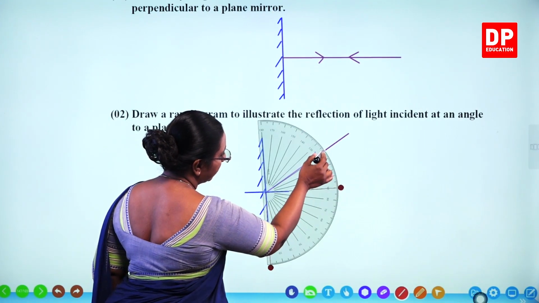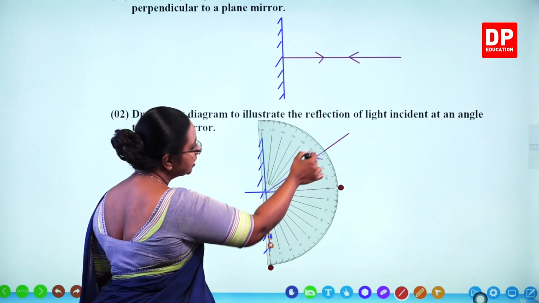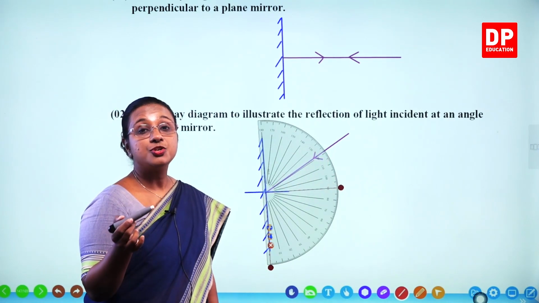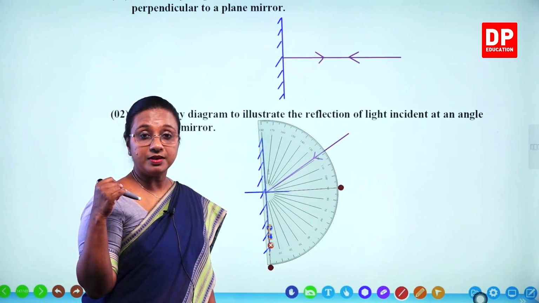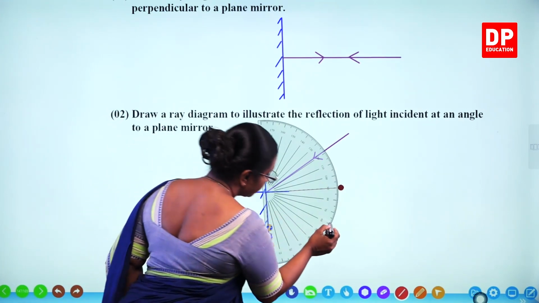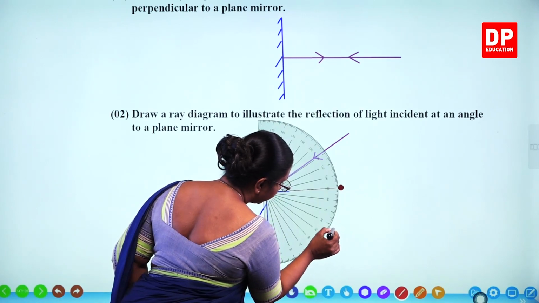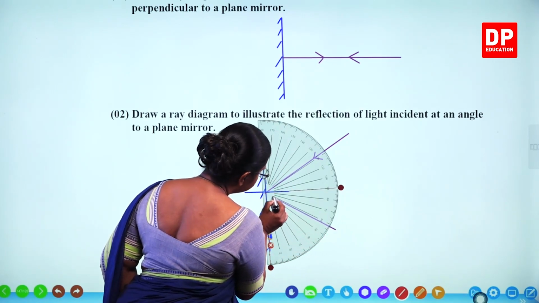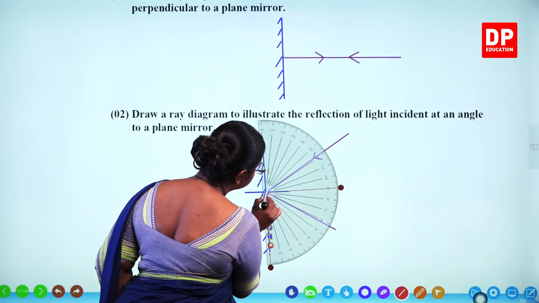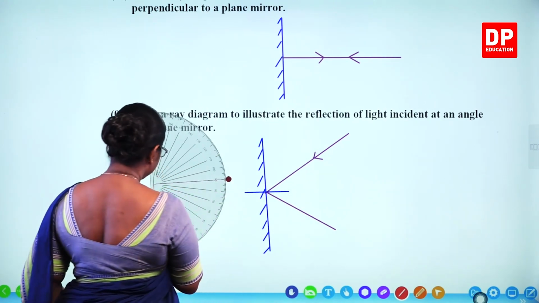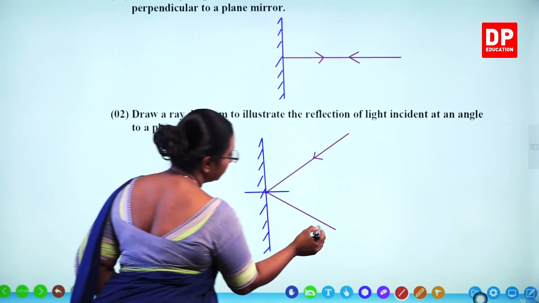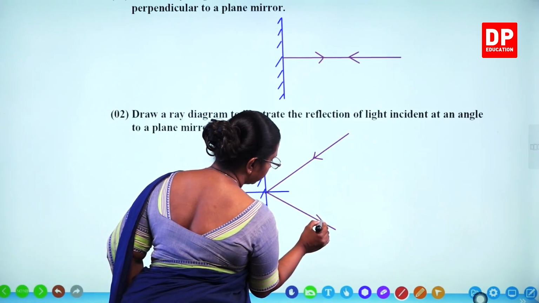So here you can see, you can also measure a certain angle and draw the incident ray so that it's easy for you to draw the reflected ray. So here I will have to take it through the 62 point. Right. So now I have drawn the two rays.